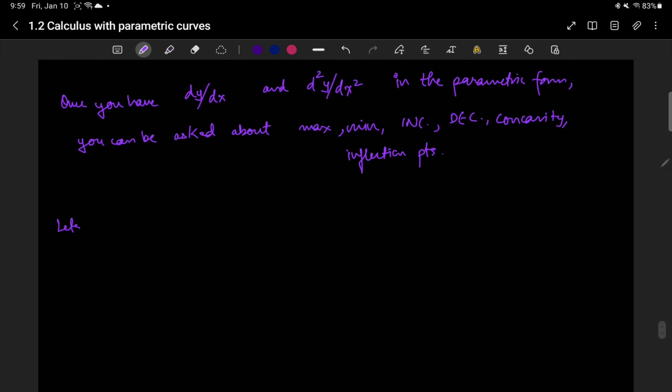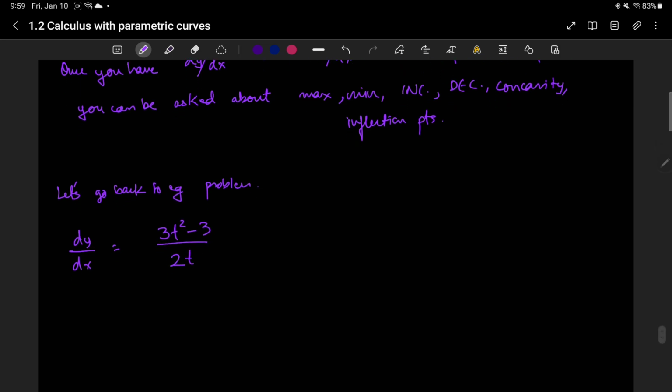So let's go back to the example problem. In the example problem, we found dy over dx to be 3t squared minus 3 divided by 2t. Now, when is this 0? That gives us some information about critical points.